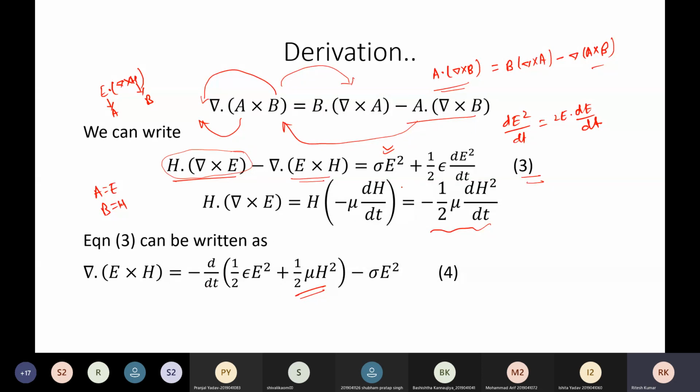After taking the common, half epsilon E square plus half mu H square, and the another term is sigma E square. We are bringing it to the other side, that's why we have a negative sign. Now this is a very important equation.